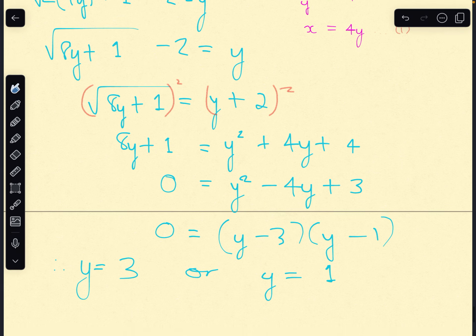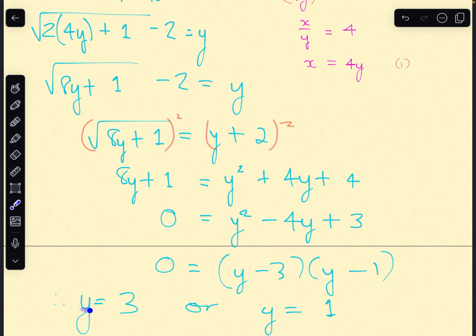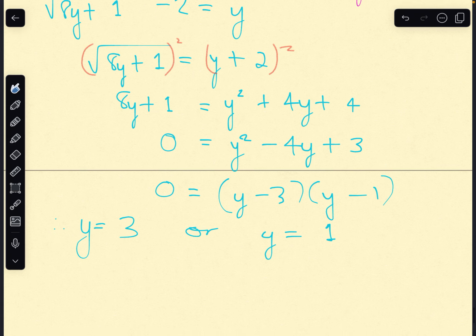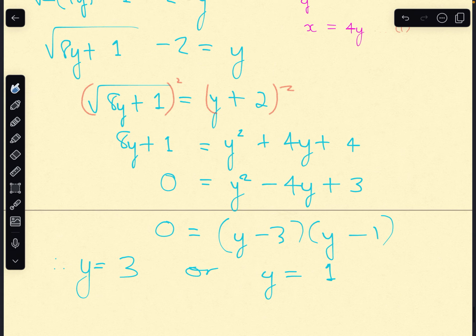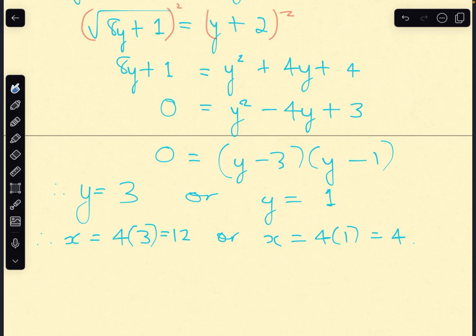Then we can put that back into equation 1, so x is equal to 4 times 3, which is 12, or x is equal to 4 times 1, which is 4. So these are our 2 solution sets potentially.